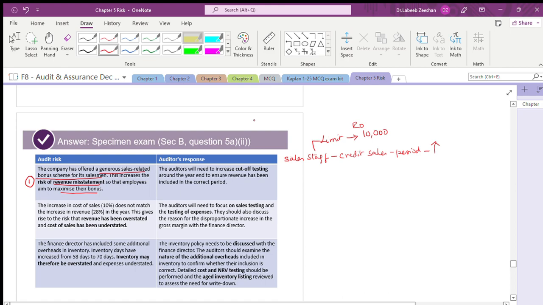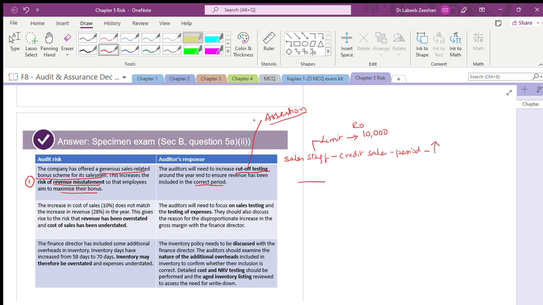You have a cutoff. This is called an assertion, around the year end, to ensure that revenue has been included in the current period. You should make sure of it. The auditors will need to increase the cutoff testing. Yes, 10,000.